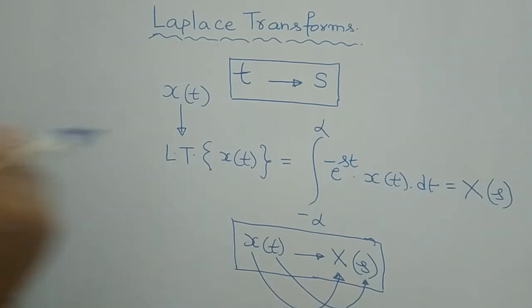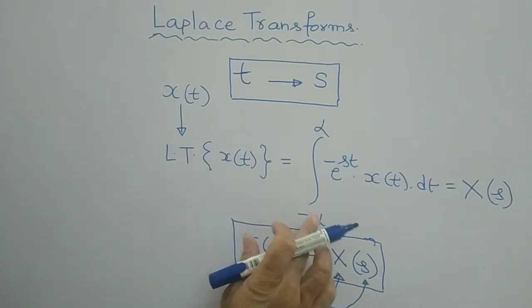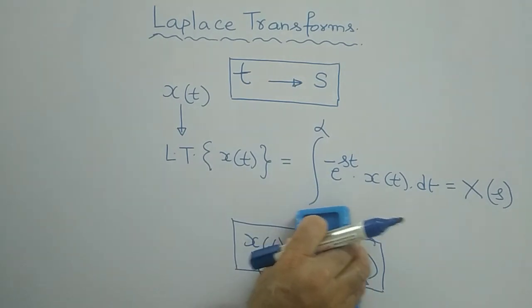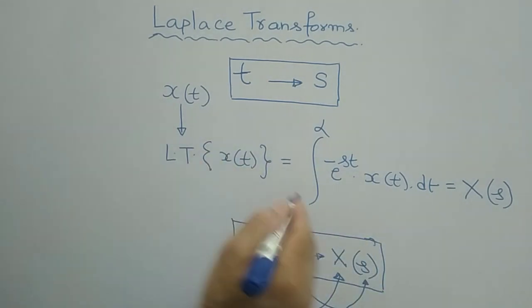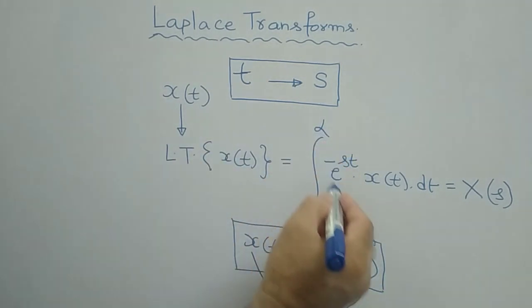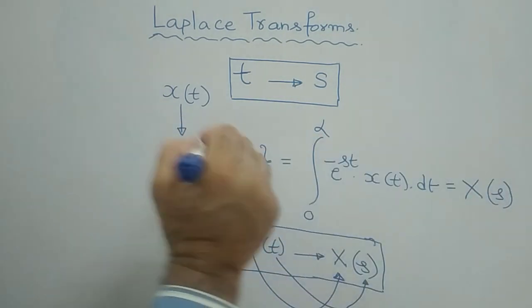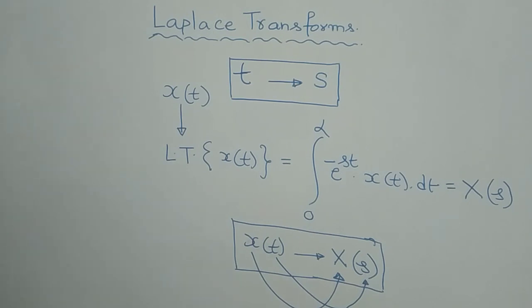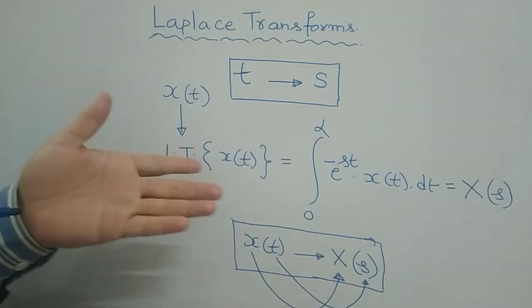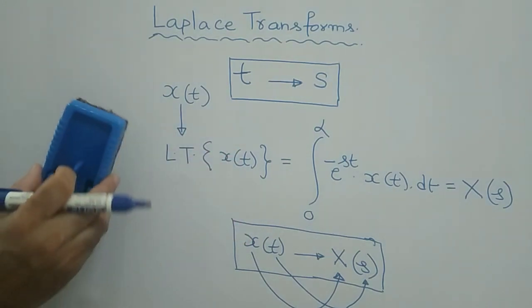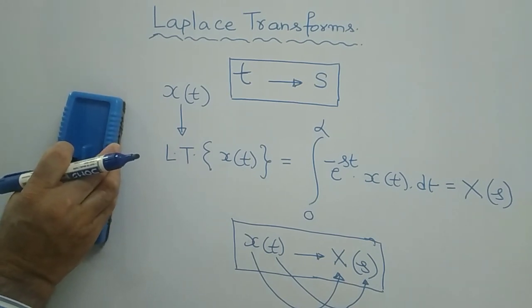Whereas if you consider 0 to infinity instead of minus infinity, then this expression is called the unilateral transformation, or single sided Laplace transformation.